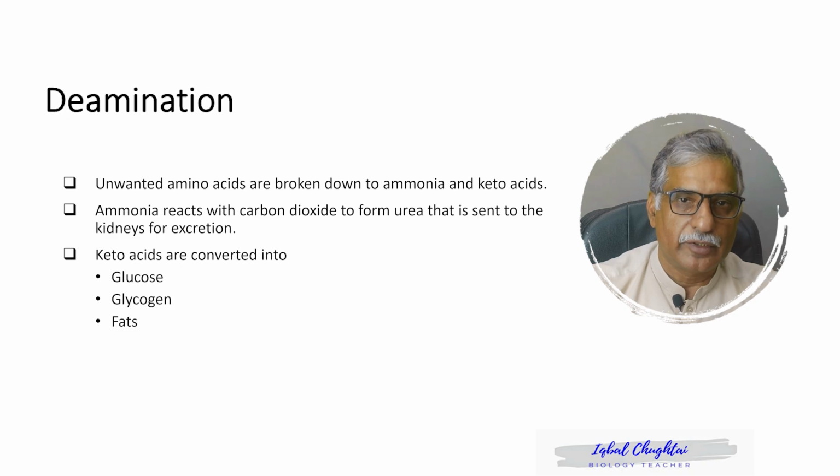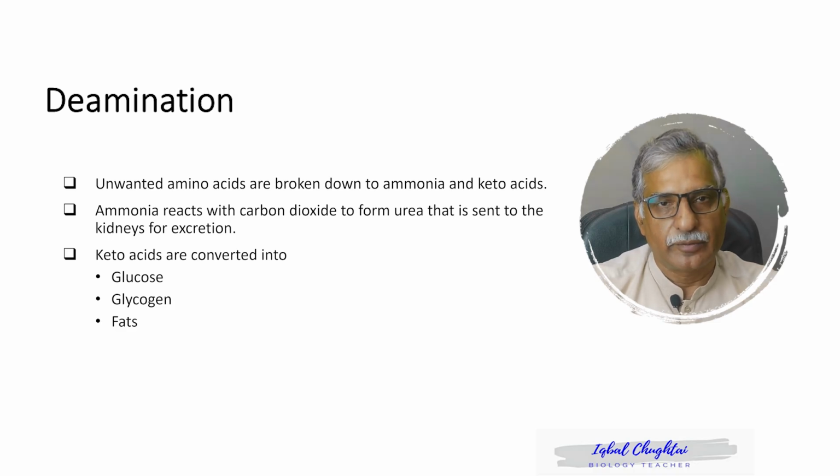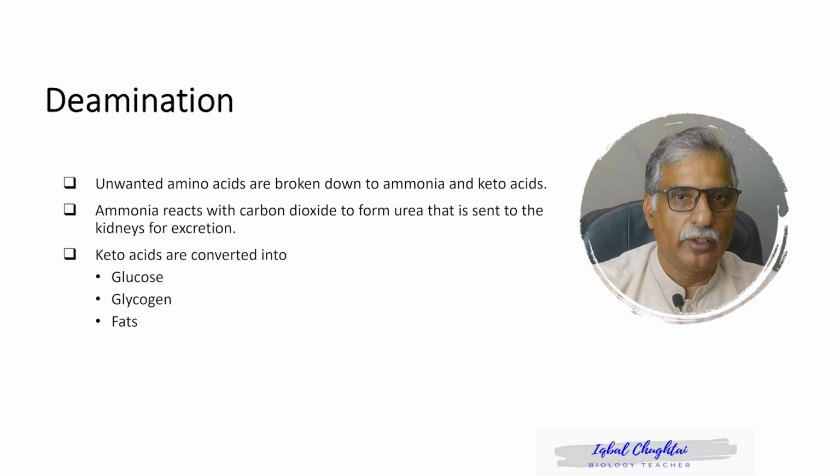Unwanted amino acids are broken down during the deamination process, resulting in the formation of ammonia and keto acids. Ammonia is highly toxic and it needs a lot of water to expel it, to dilute it, to reduce its toxicity. As we do not have plenty of water, ammonia is immediately reacted with carbon dioxide to form urea.